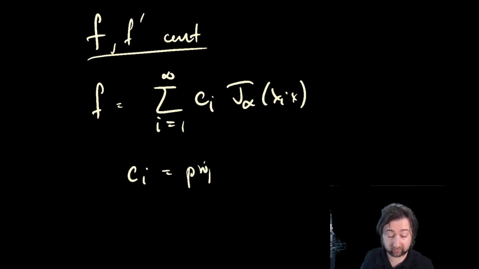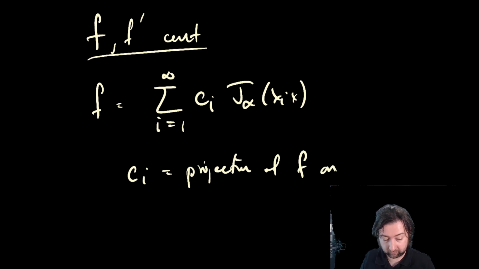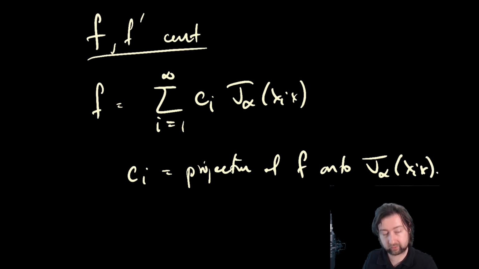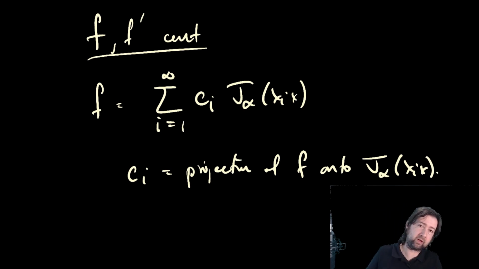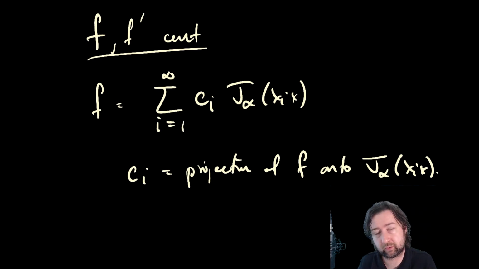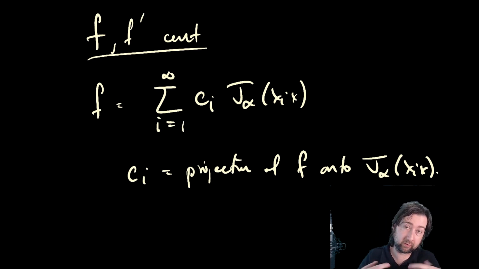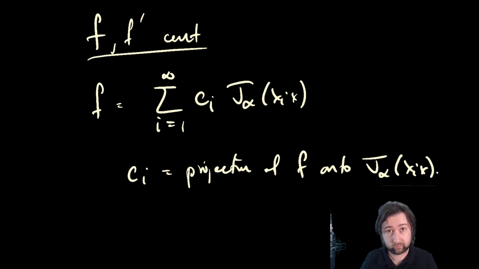Now, I'm not going to write the formula again. I'm going to tell you it's the projection of f onto j alpha lambda i x. I'm going to do a MATLAB demo for this as well, so you can see how Bessel functions give you access to periodic functions in a way that the Legendre polynomials didn't, right?